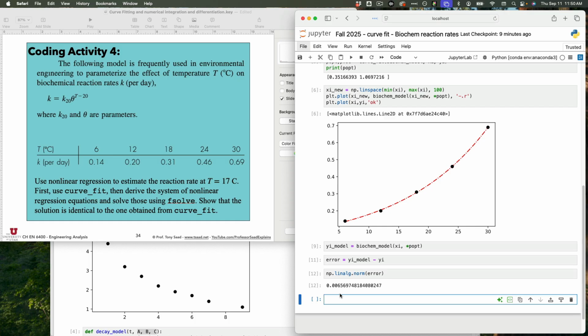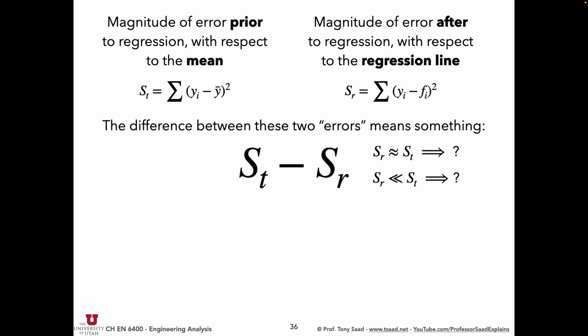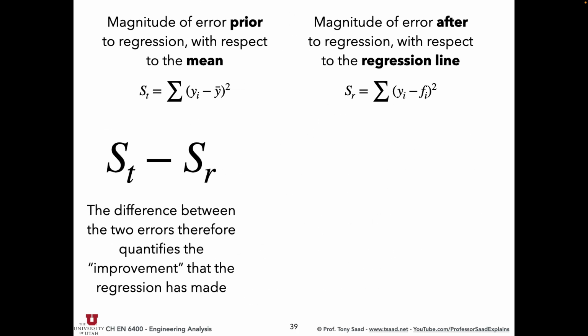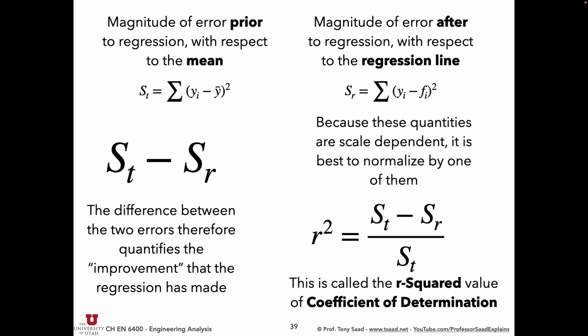I have a full lecture about that in my numerical methods course, so I'll summarize it here real quick. I'll give you the formula. This coefficient of determination is comparing the error based on the mean, the error based on the curve, over the error based on the mean.